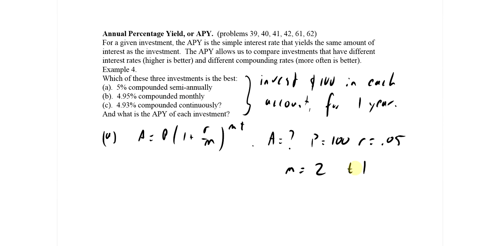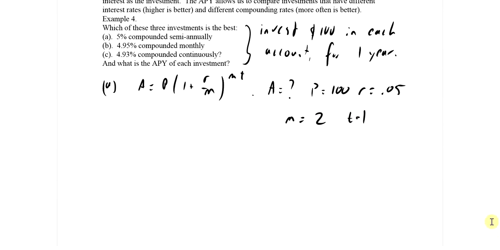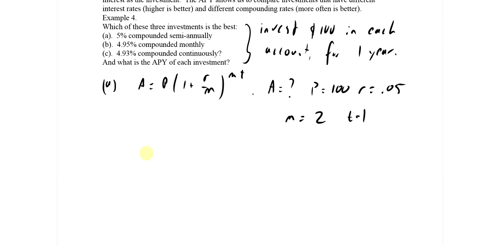And T is 1 year. So for A, we get A equals 100(1 + 0.05/2)^(2 times 1). And if you grind that out, you get 105.0625.